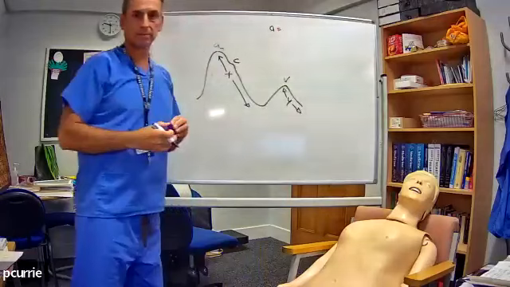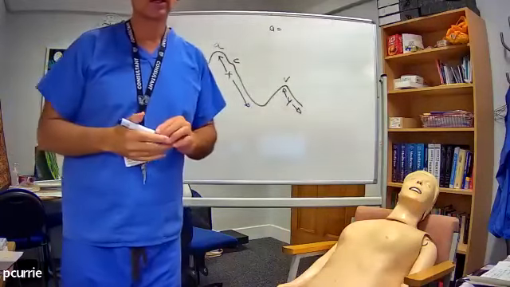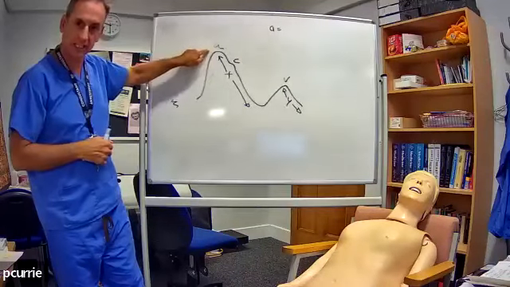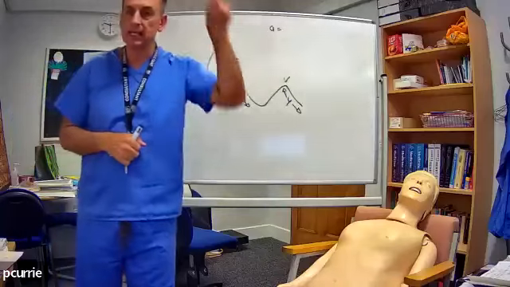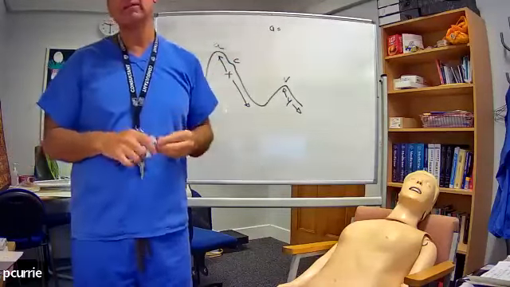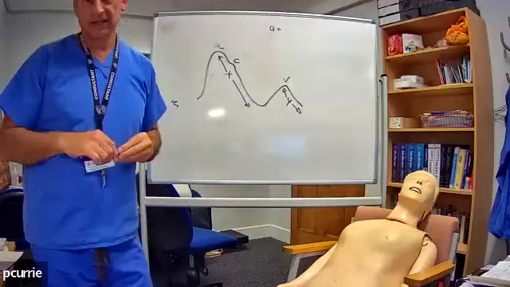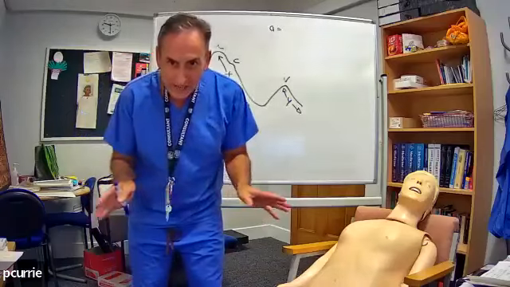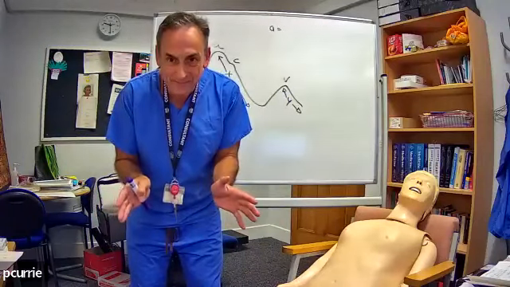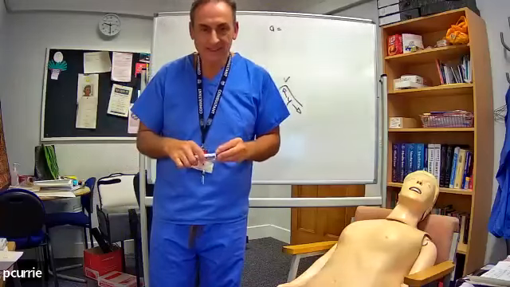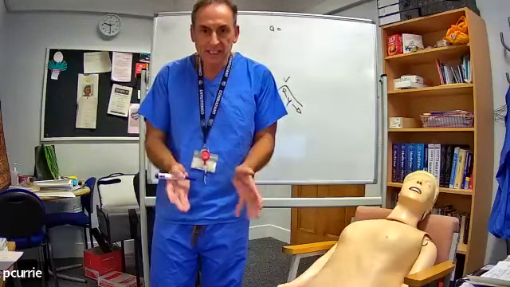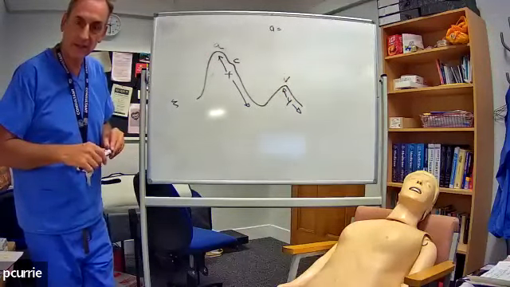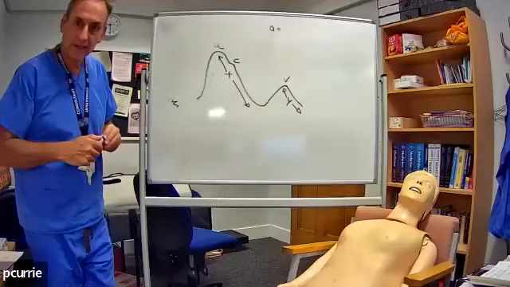You can change the position of the patient to raise the JVP, but what I'm interested in is what actually causes this first peak of the JVP, the A wave. Does anyone know? If we're looking down into the right atrium and the heart's doing something, what could be happening to raise the pressure there? Anybody?